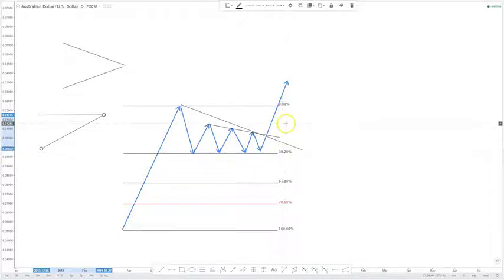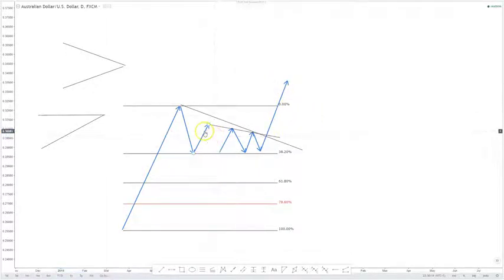So whenever I see 38.2 and then the market starts making some type of formation like a triangle, wedge type pattern, a descending triangle, ascending triangle, my eyes are going to be looking for a break back into the trend continuation. For some reason they form near the 38.2. That's because those are strong continuation trades. Very, very strong continuation trades.